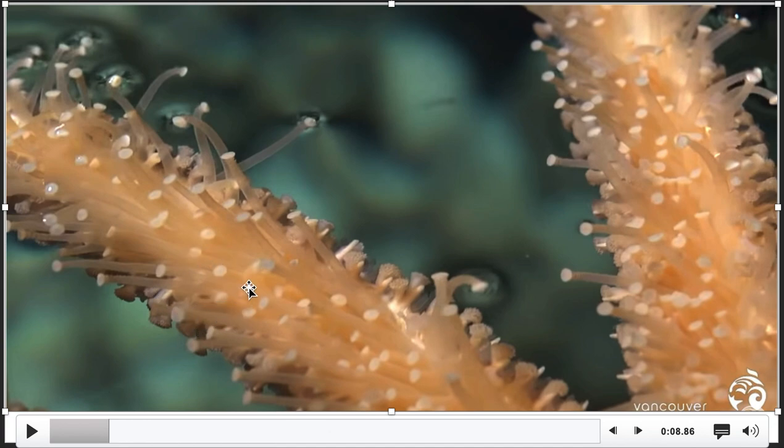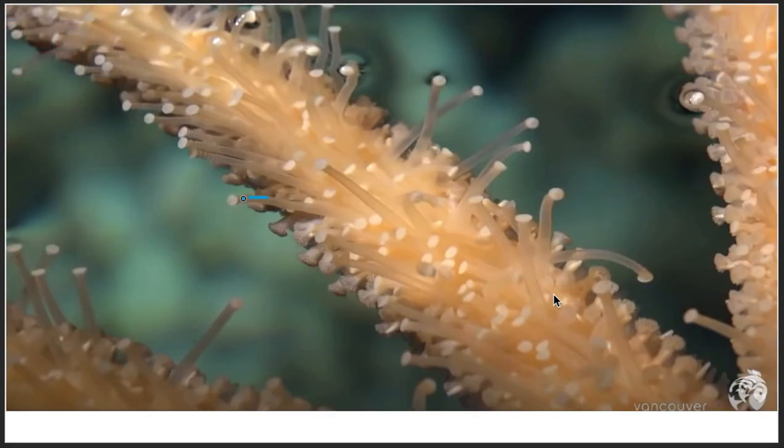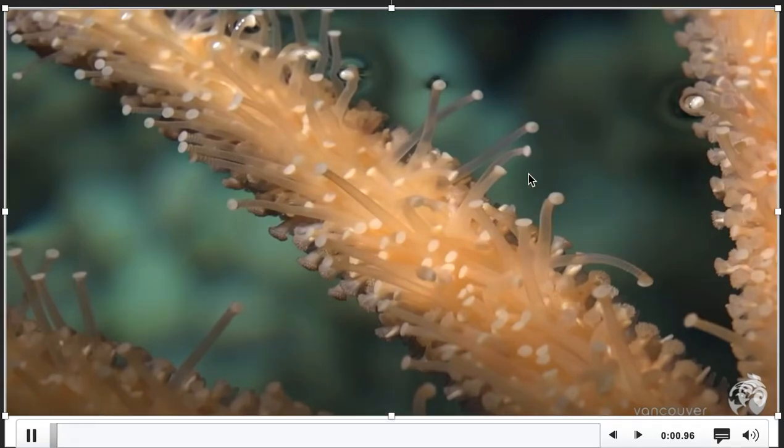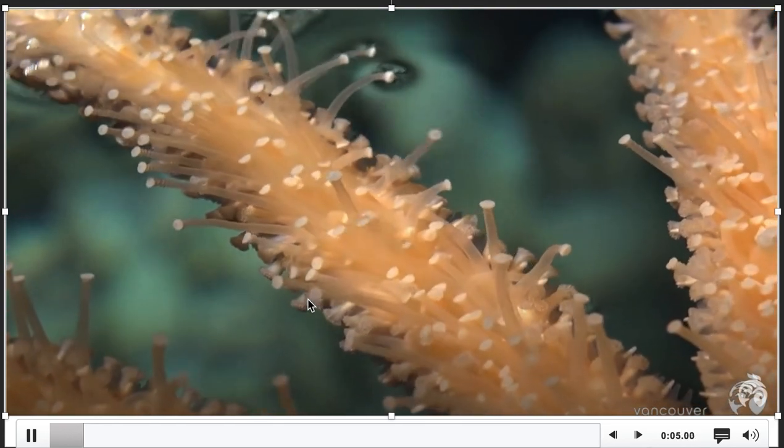So what you can see here, these structures, I'll highlight them for you. Yeah, these structures, all these are the feet of the starfish. So let's get back to the video. Those are the feet of the starfish.